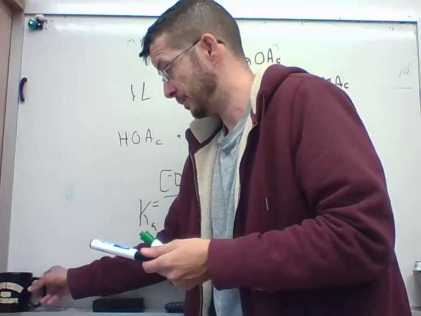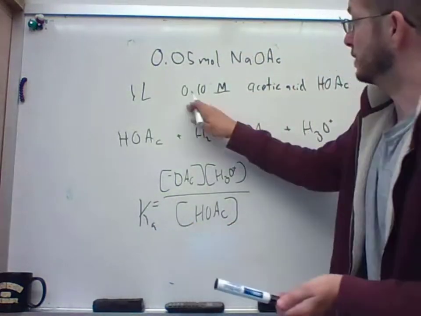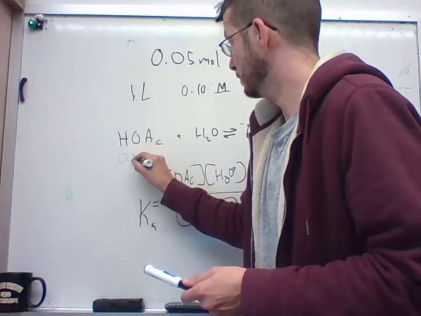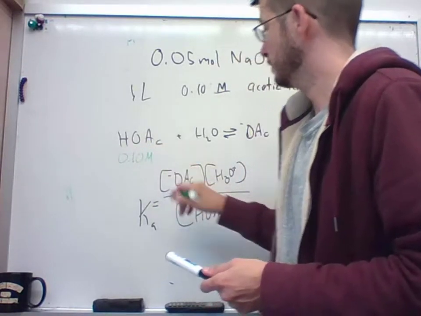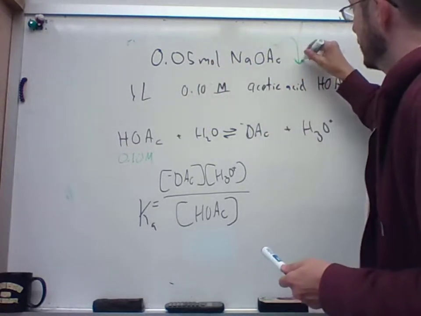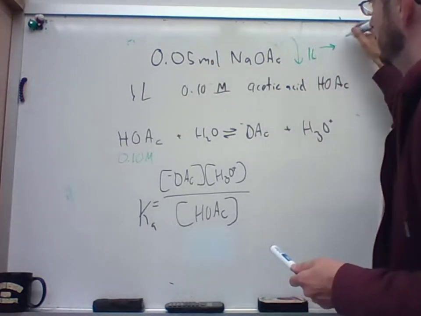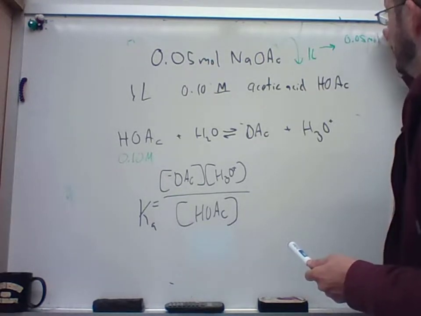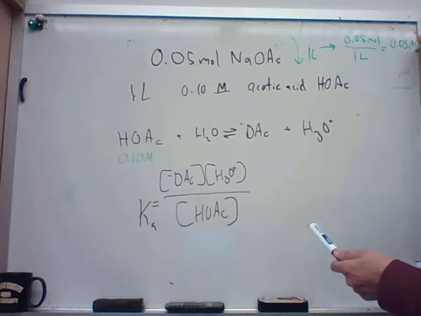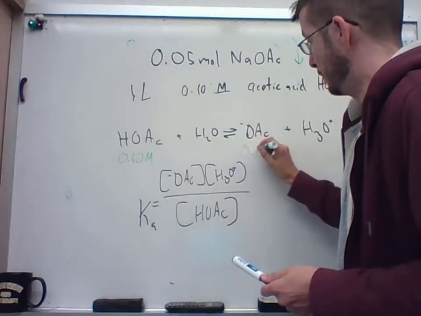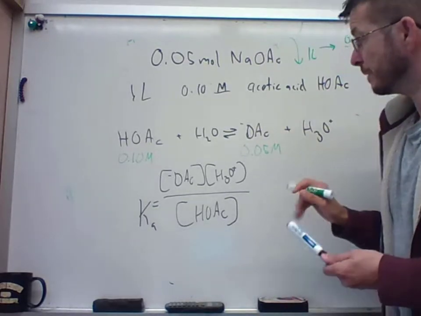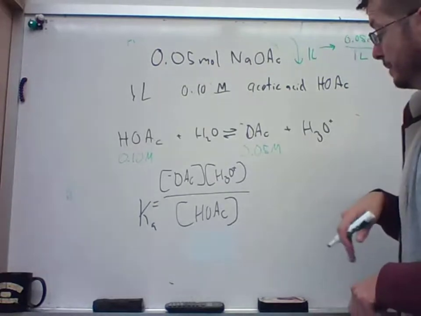Our initial value of HOAc is 0.1 molar. Our initial value of OAc minus is 0.05 moles in 1 liter, so the molarity is 0.05 moles over 1 liter, which is 0.05 molar initial. And then this is whatever it normally is.